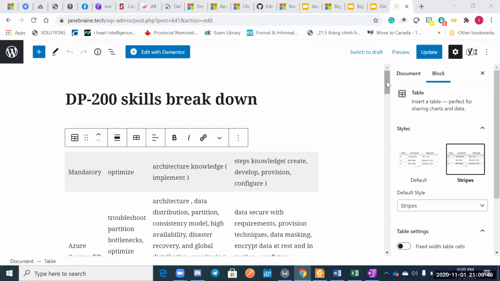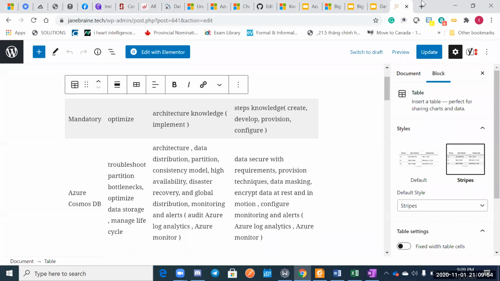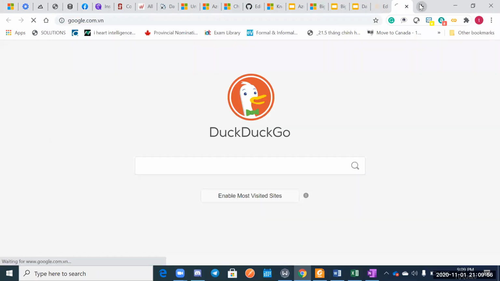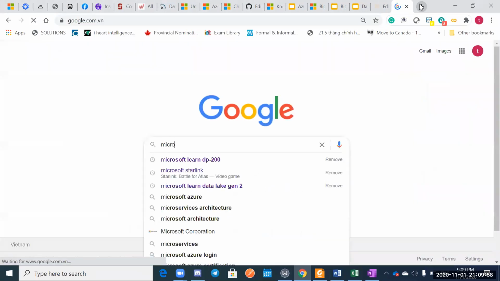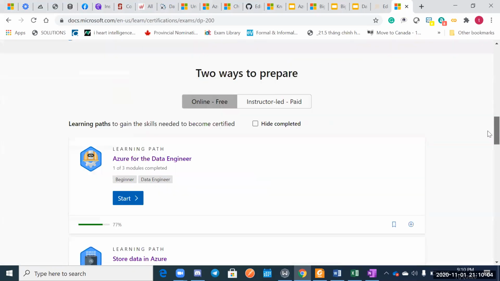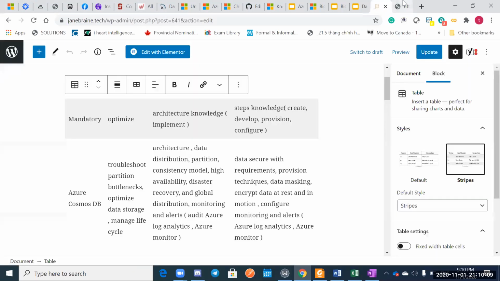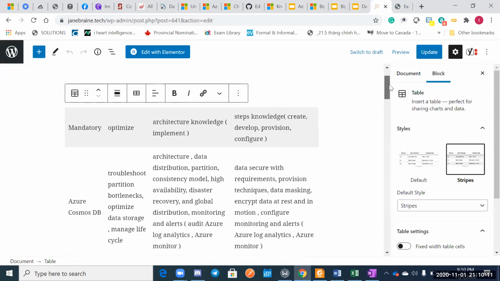Okay, so this is the skill breakdown, and basically I went and read the skills description in Microsoft Learn. I went through this skills measured in Microsoft Learn here, and I see that there are two main components.